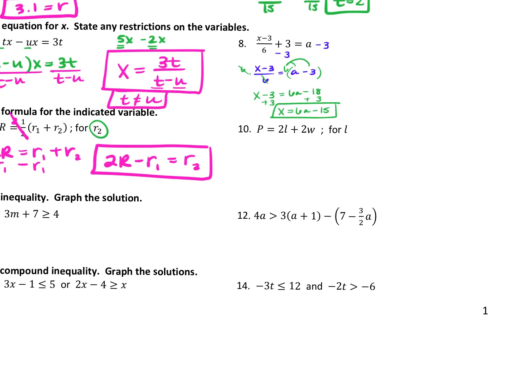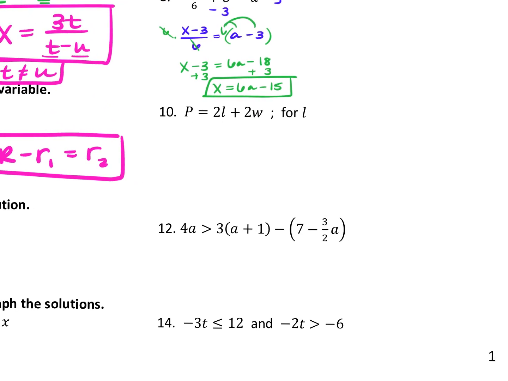Okay. Number 10, we are solving for L. So let's start by getting the 2w out of there. So it's p minus 2w equals 2l. And then to solve for L, we're just going to divide by 2. So L is equal to, now technically you could leave it like this.